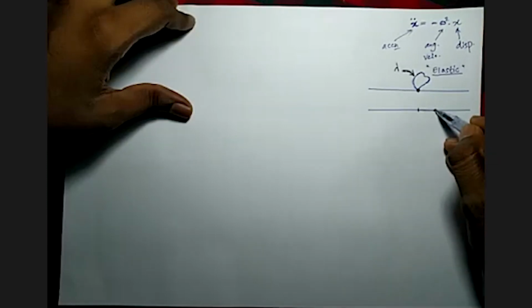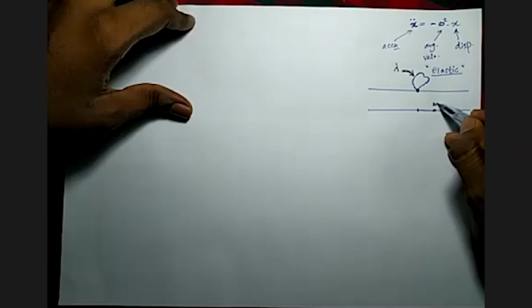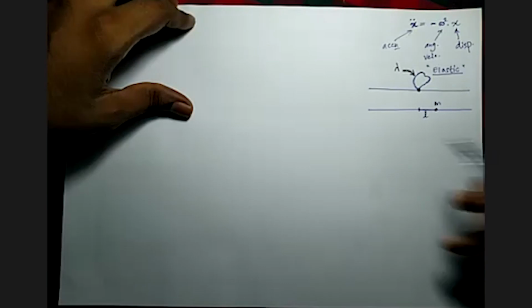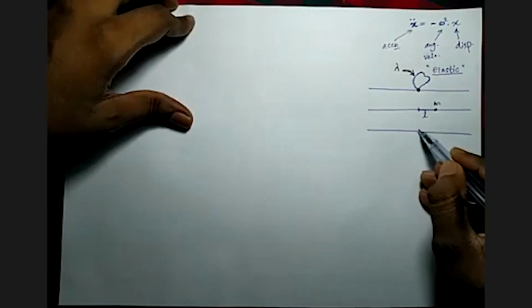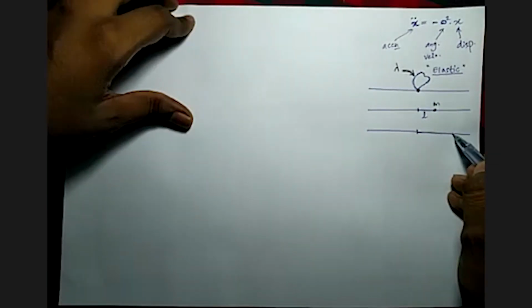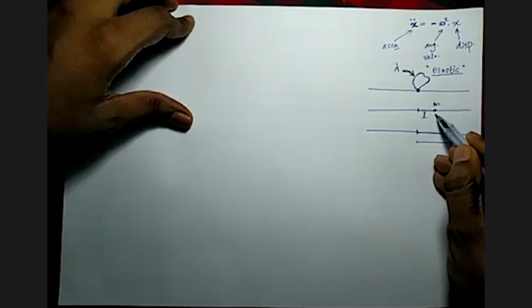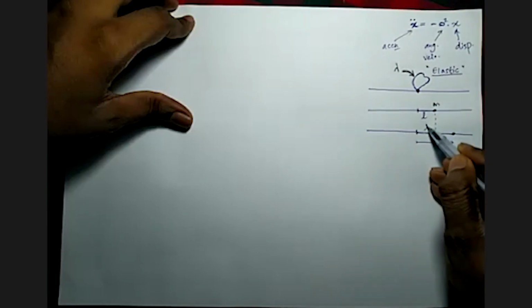Here, I have taken this mass m to a distance which is the natural length of the string. Natural length of the string is n. If I further stretch, then this separation will increase beyond the natural length of the string.